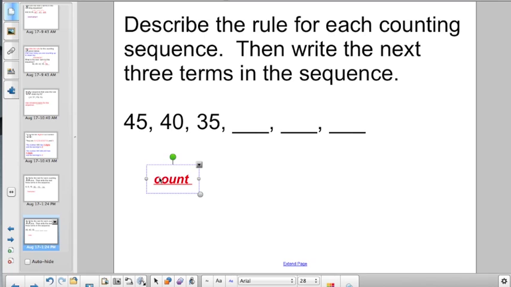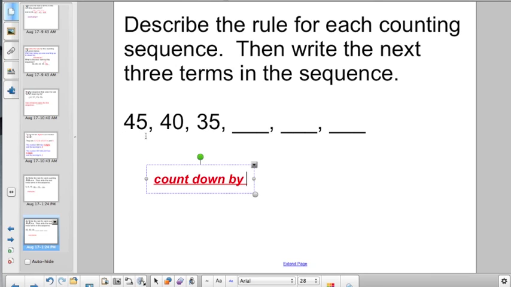So I know it's a count down. I'm going to count down by how many? Well, 45 minus 40, or if you have trouble subtracting, go the opposite direction. 40 plus what is 45?